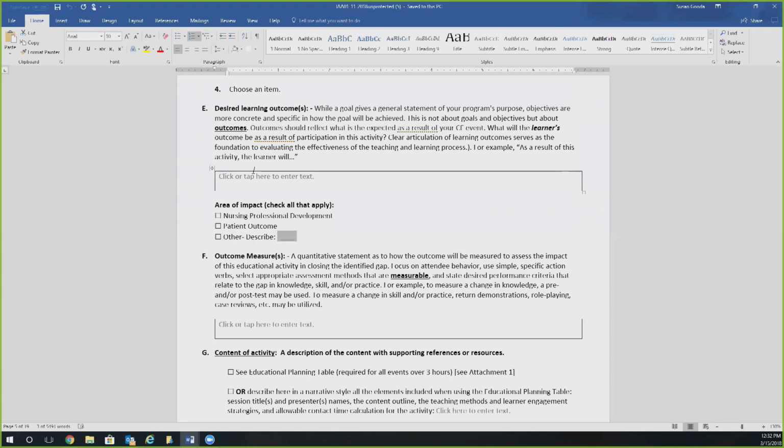But the learning outcome is not a whole bunch of objectives. It's just one major outcome: to improve the knowledge of the nursing staff related to XYZ procedure.